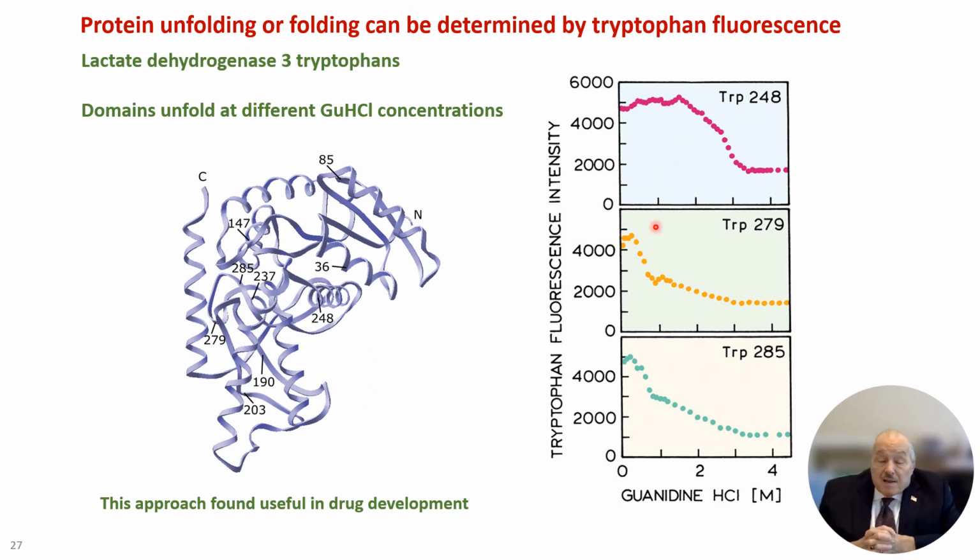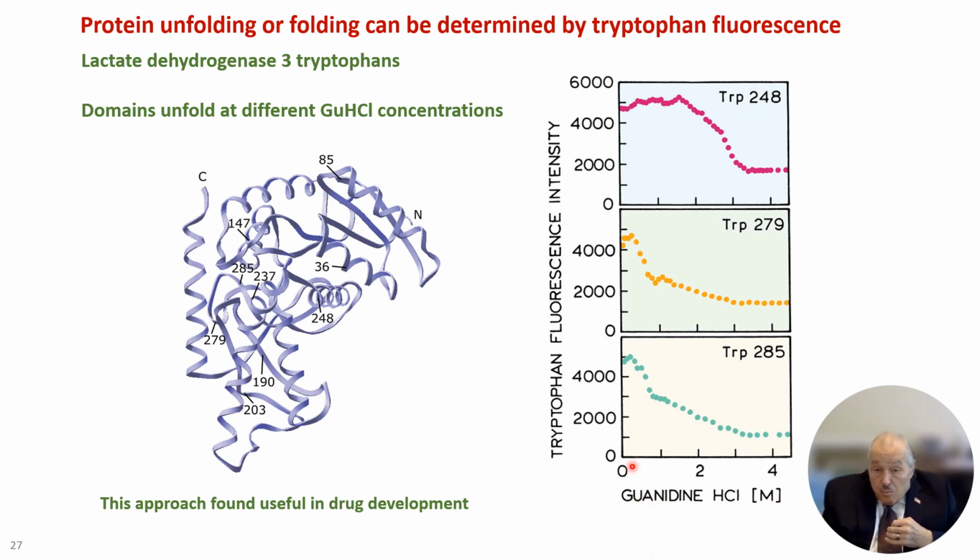This is becoming interesting in drug development, which we'll talk about on the next slide. But that is, you can learn something about protein unfolding by looking at the tryptophan residues as the protein is unfolded. So we have this lactate dehydrogenase here, which was exposed to increasing concentrations of guanidine hydrochloride.